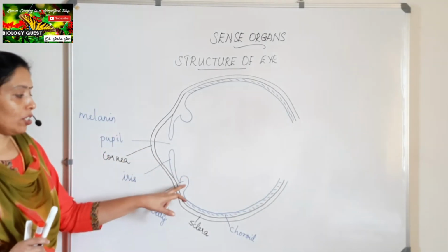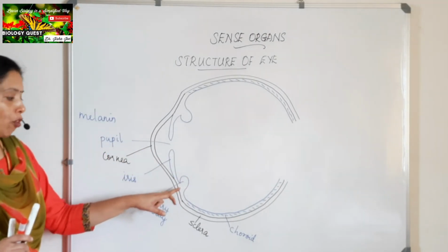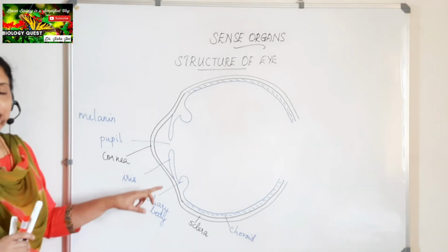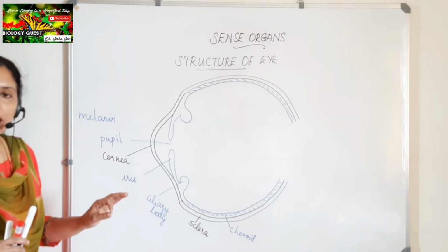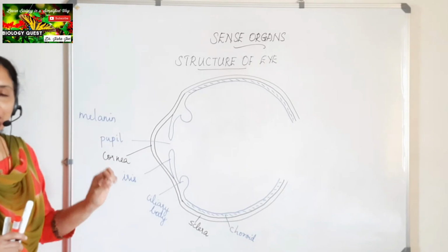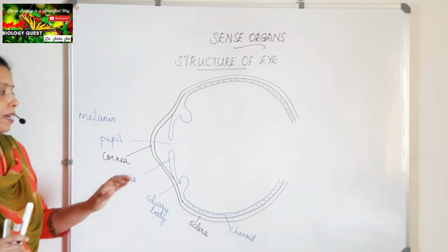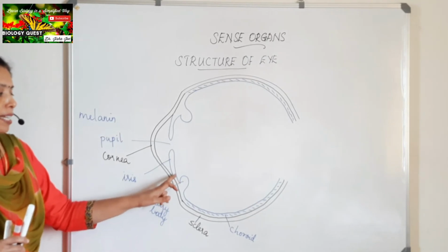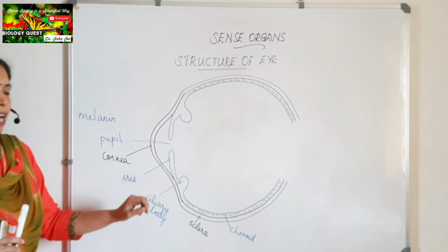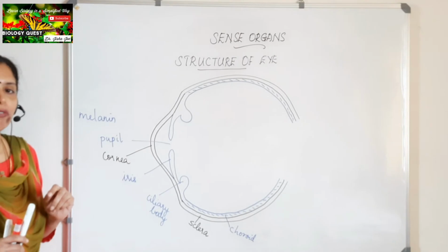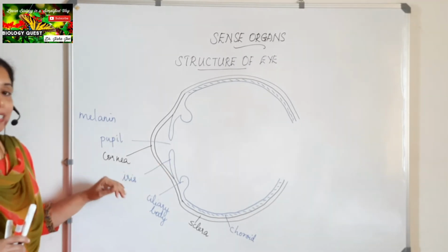In the front region, the choroid is expanded to form the ciliary body. The ciliary body has circular muscles which help in changing the shape of the lens. Then again, the choroid extends to the front of the eye to form the colored portion of our eye. This part is called the iris.